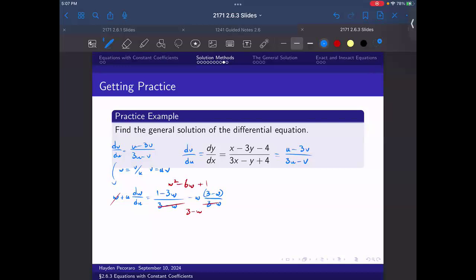Rearranging to make this look separable, I want to put du on the other side, up top, and u on bottom. I know that's a little messy. What it will turn into is (3 minus w) over (w squared minus 6w plus 1) dw equals du over u. Question?